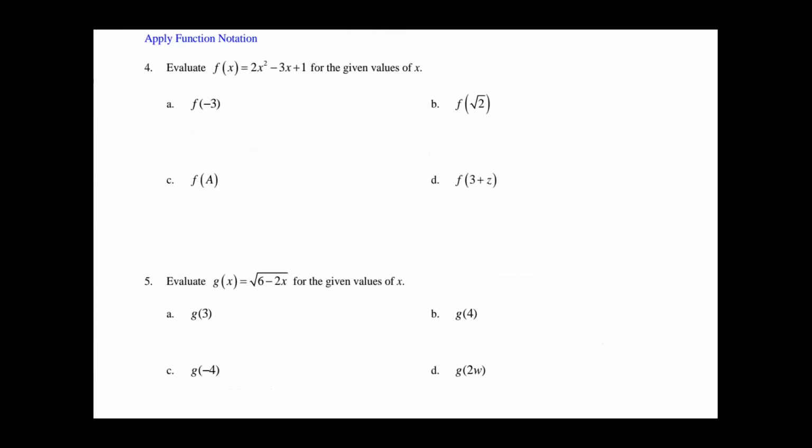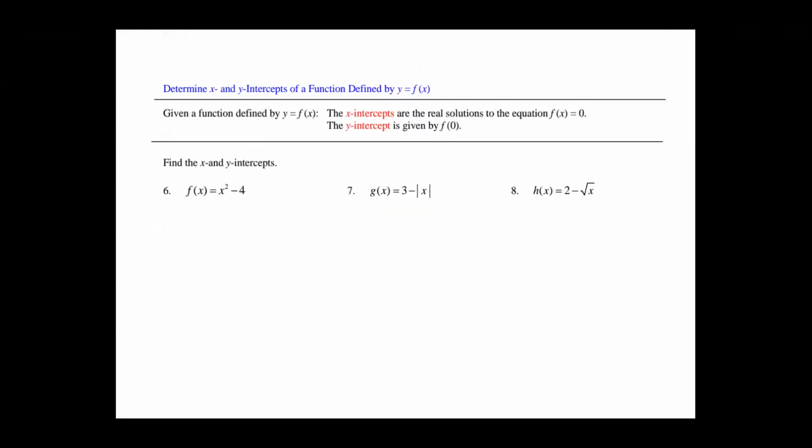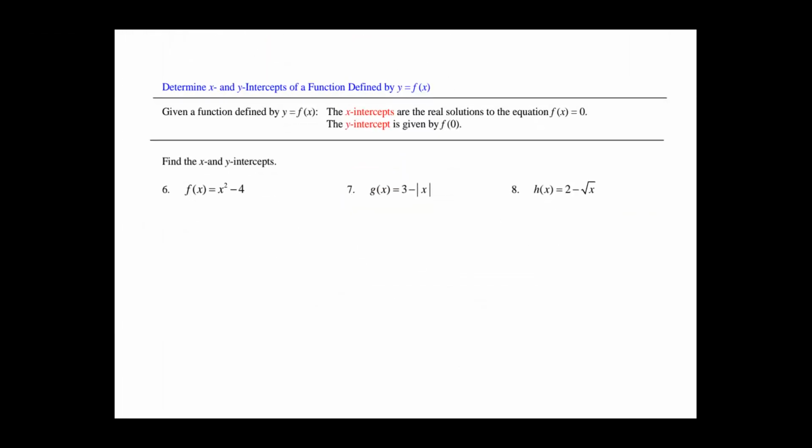We have to plug in the numbers or the variables, whatever is given for x in the given function. And the third objective, we learned how to identify the x and y-intercepts. To find the x-intercepts, we make y equal to 0. To find the y-intercept, we make x equal to 0.